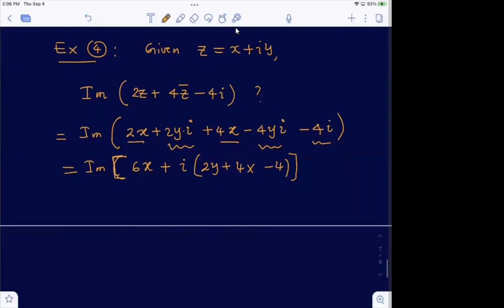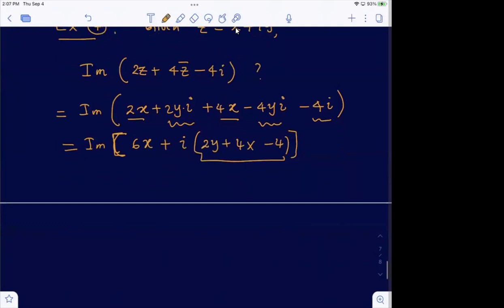Now with that, we can see that when you consider this complex number, the imaginary part is what you see right here. The imaginary part is the real component of the second part, which is multiplied by i. So that is none other than 2y plus 4x minus 4.